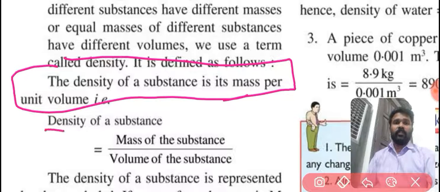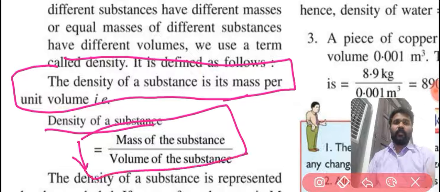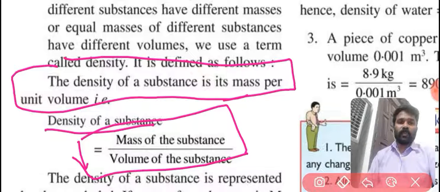Therefore, density of a substance is equal to mass of the substance divided by volume of the substance. Mass upon volume.